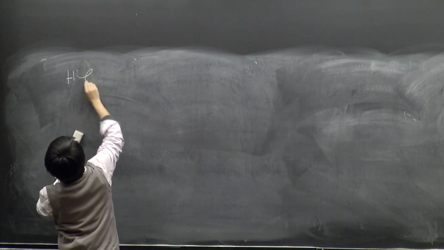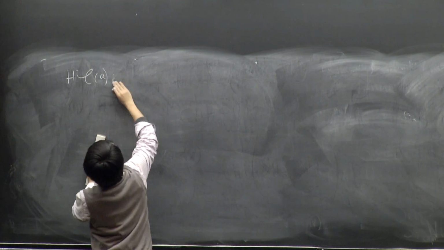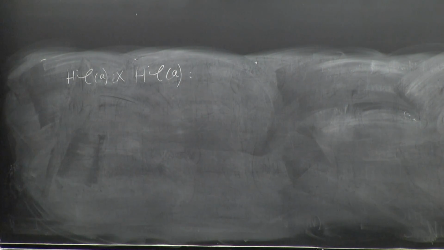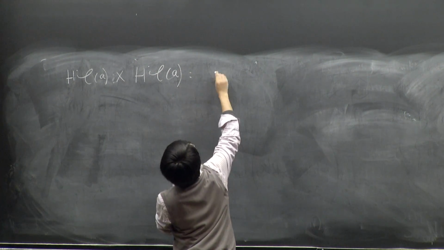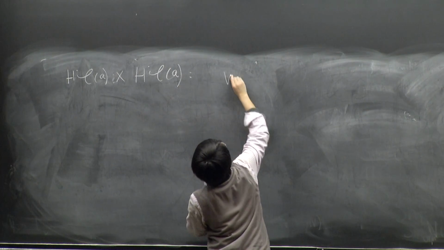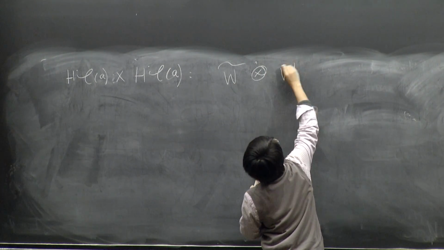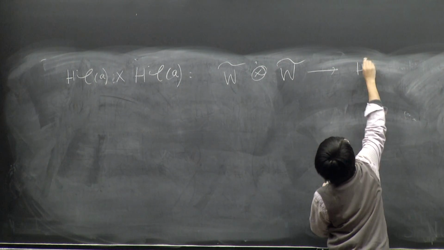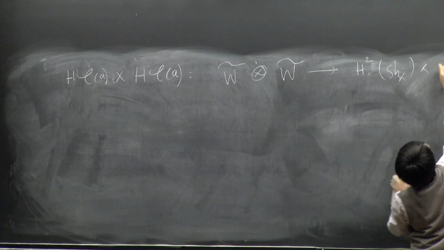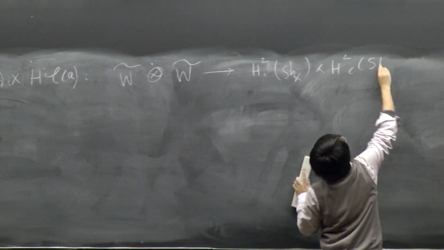So I can consider this times C. Then it's going to be a map from the square of it to, let me denote this vector space by W tilde. I get W tilde tensor W tilde to H2 of this Shimura variety times H2 of the Shimura variety.